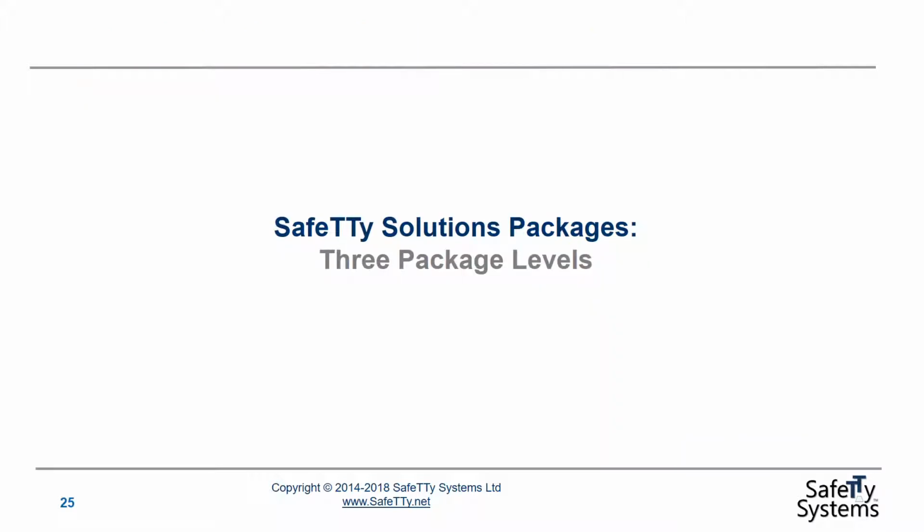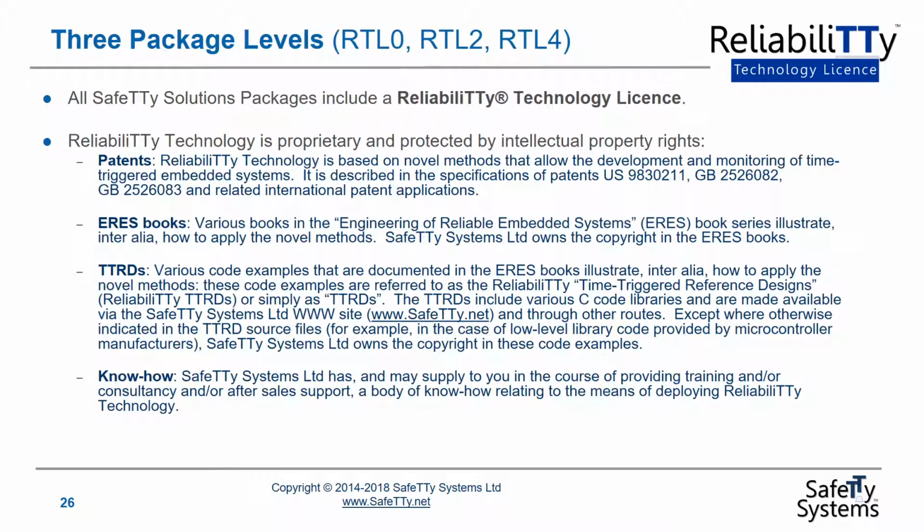So our safety solution packages are offered in 3 different levels. All of these levels include a reliability technology license. So the reliability technology was developed by Safety Systems Limited, it's proprietary and it's protected by intellectual property rights.